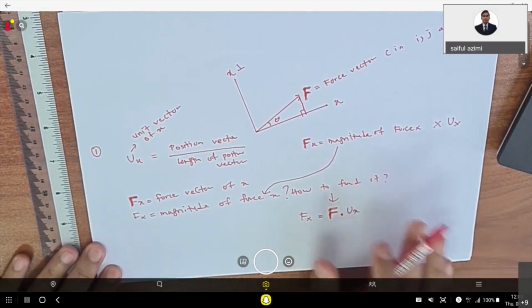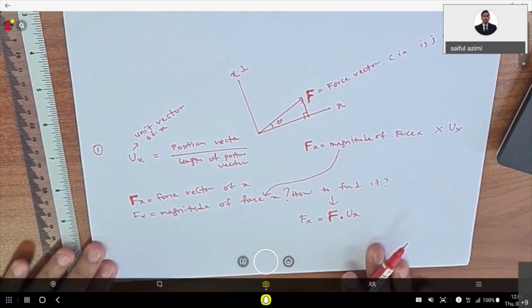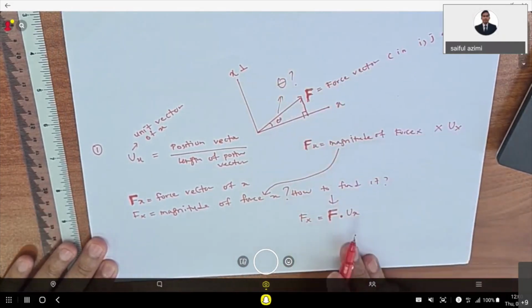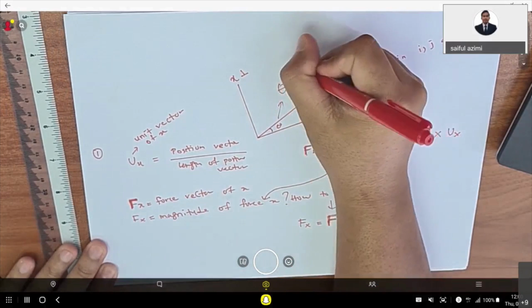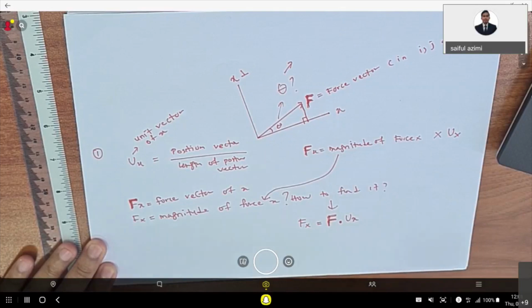And then if another question asks you to find theta, it depends on the question.